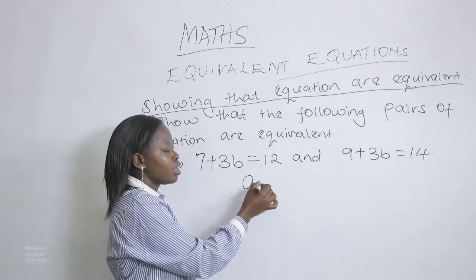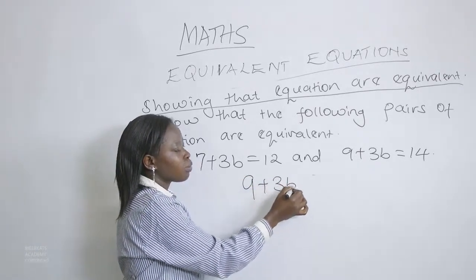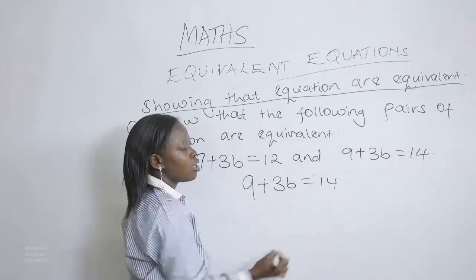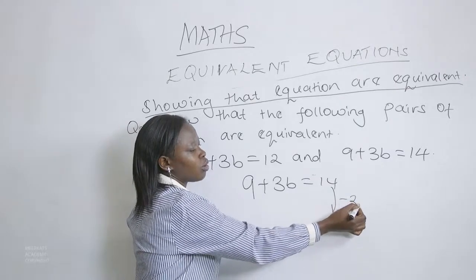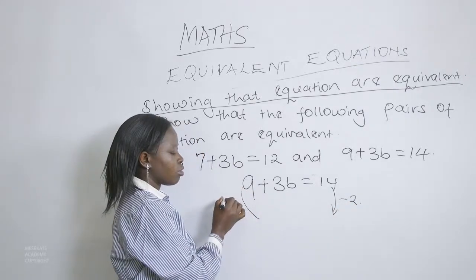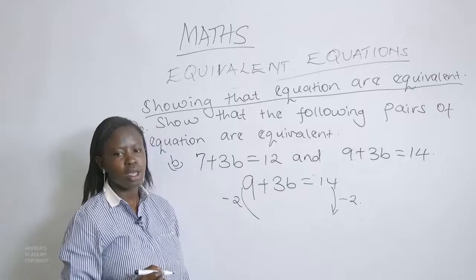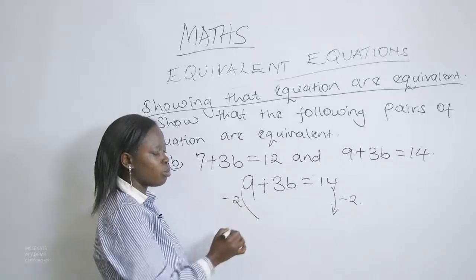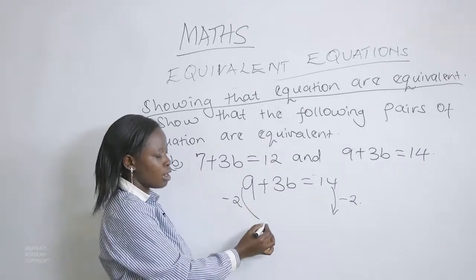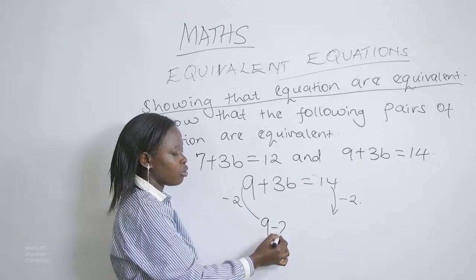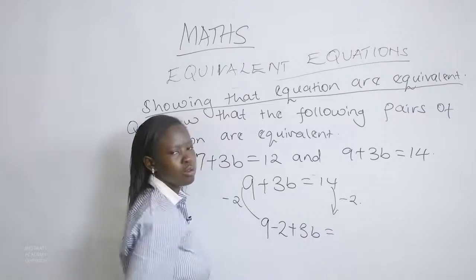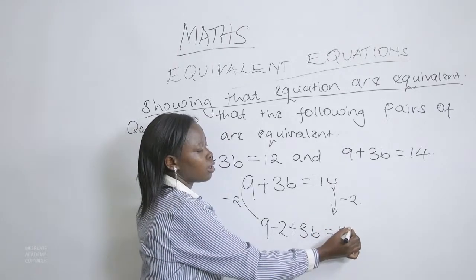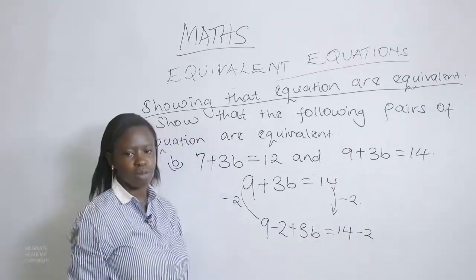I have 9 plus 3b is equal to 14. So if I decide to subtract 2 on the left hand side and on the right hand side, we will obtain the following equation. I'll have 9 minus 2 plus 3b is equal to 14 minus 2.